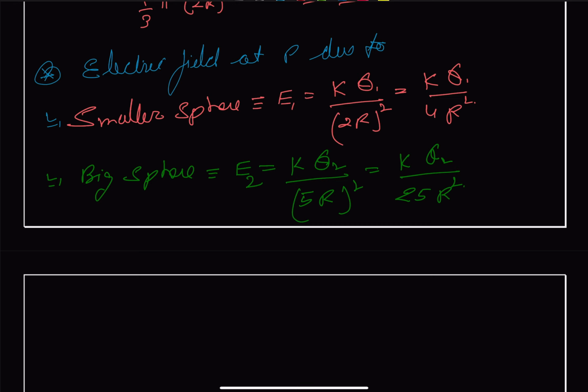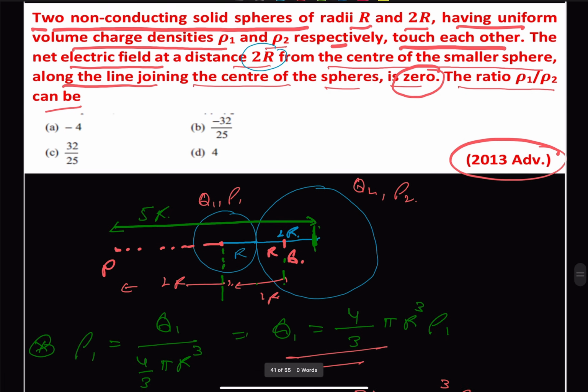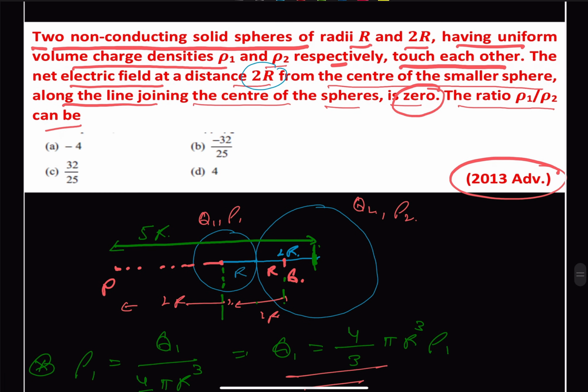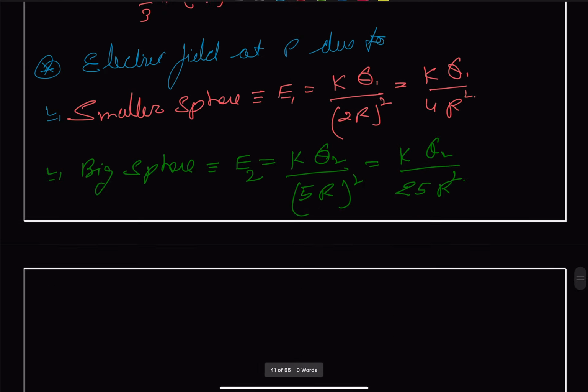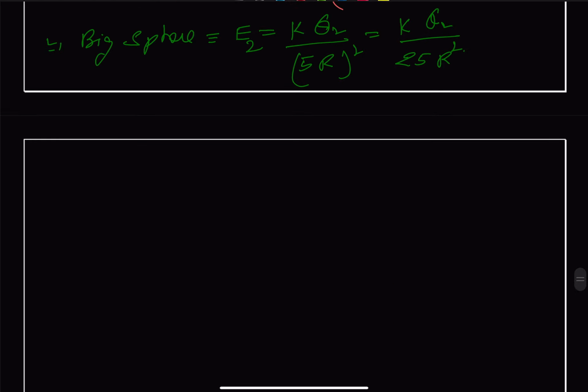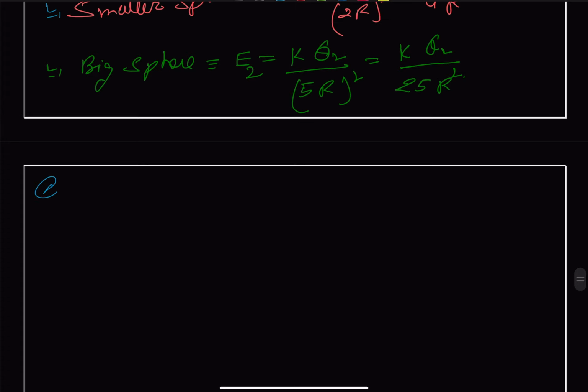And it says that the net electric field should be equal to 0. Therefore, we can say that the net electric field, let us call this EP, is equal to 0.